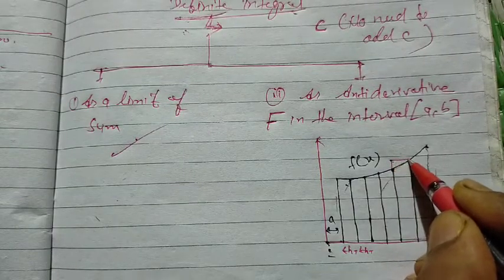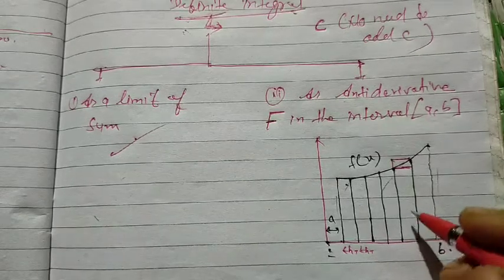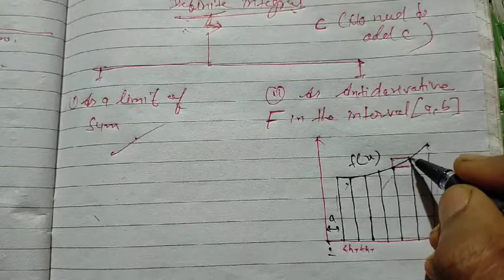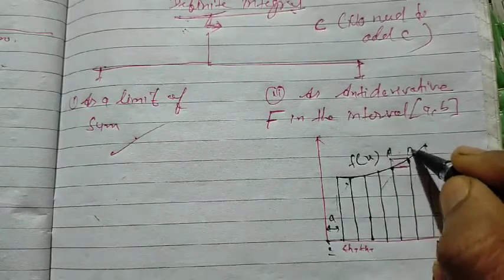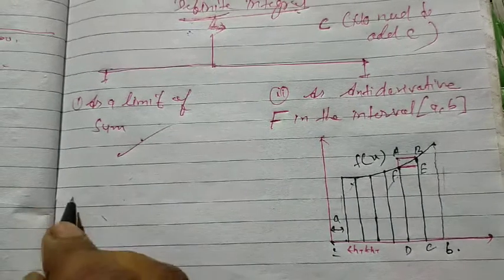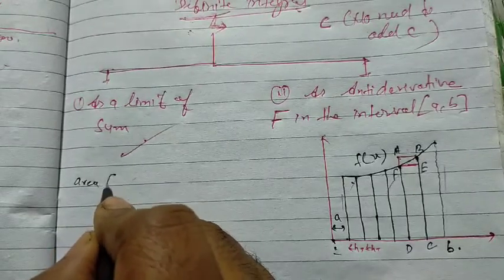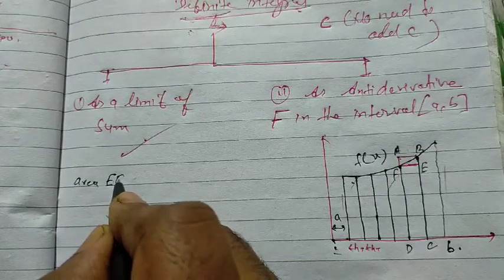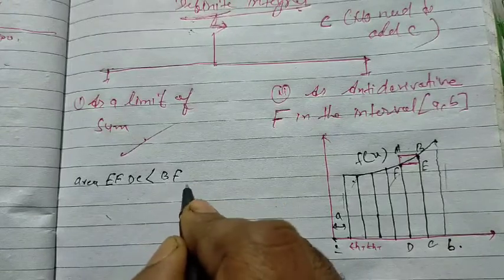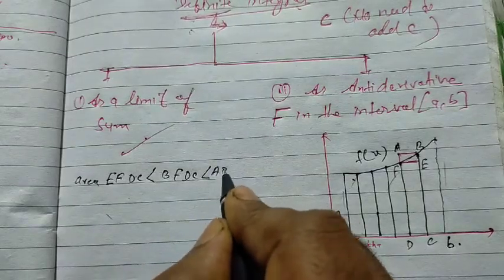Later on it will be easy for me to explain, so name it: A, B, C, D, E, F. Now by seeing the diagram itself you can see area of EFDC is less than area of BFDC, and area of BFDC is less than area of ABCD.